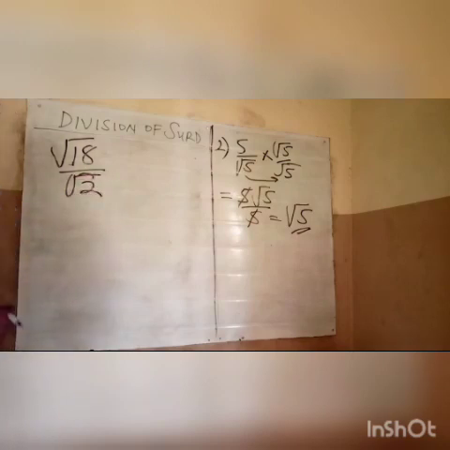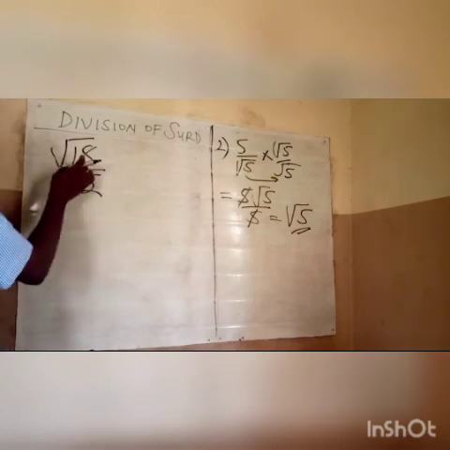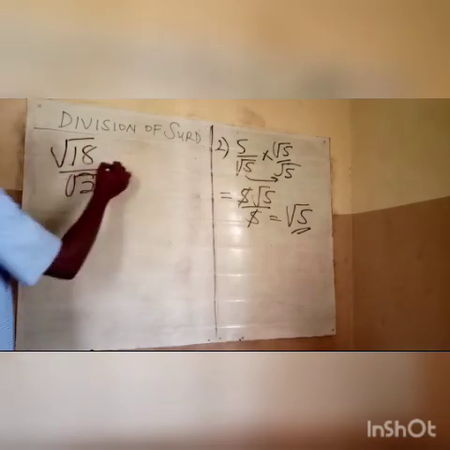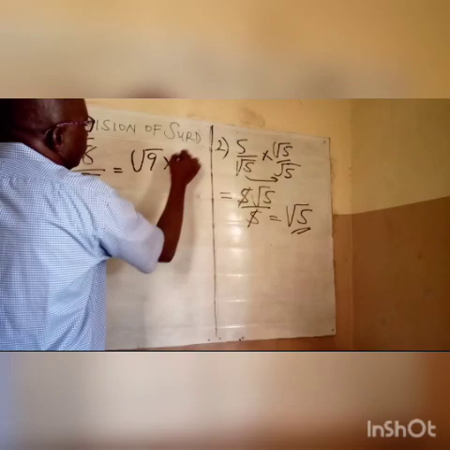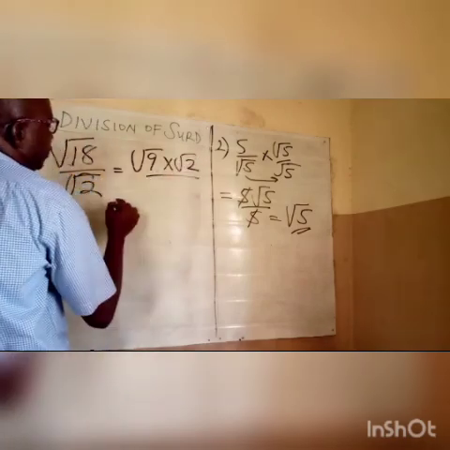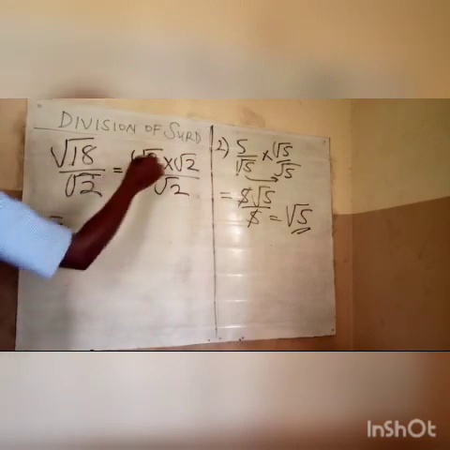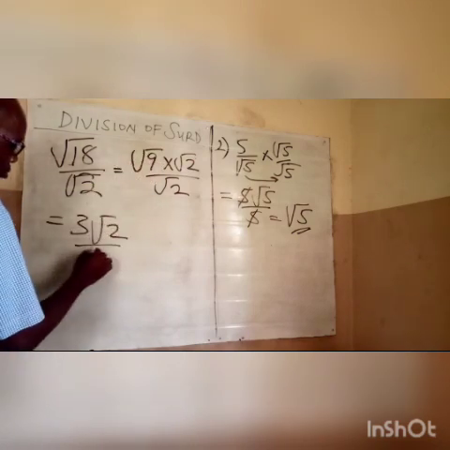You now think of the two factors of 18, where one of them is a perfect square. That will give you root 9 times root 2 all over root 2, because 9 is a perfect square. So you now have 3 root 2 over root 2.